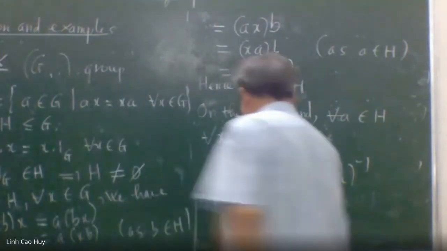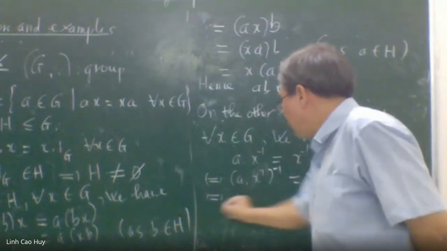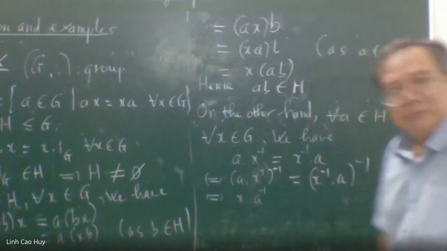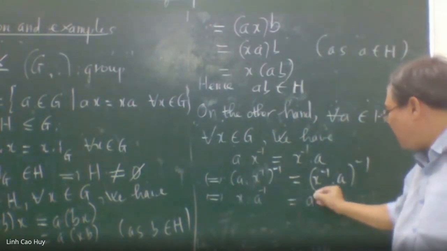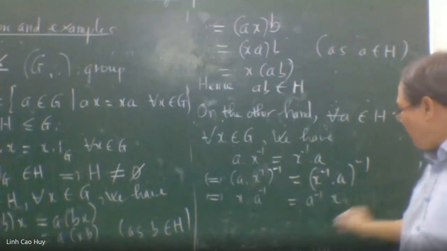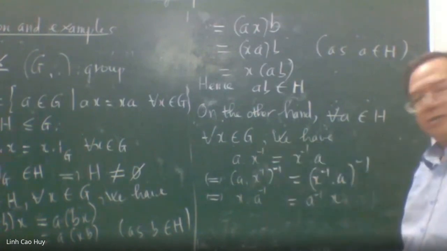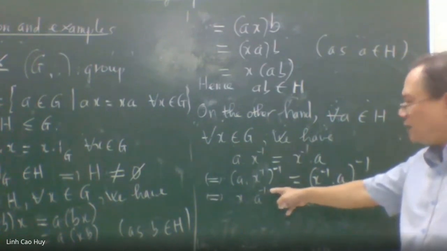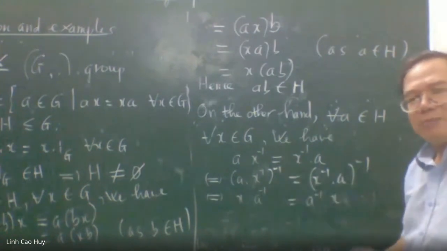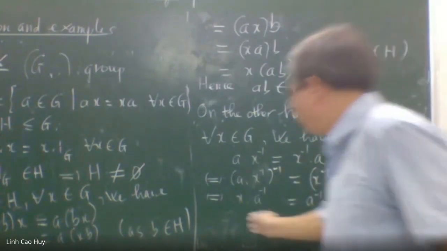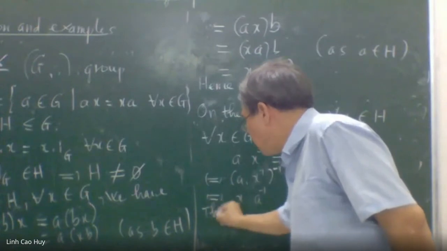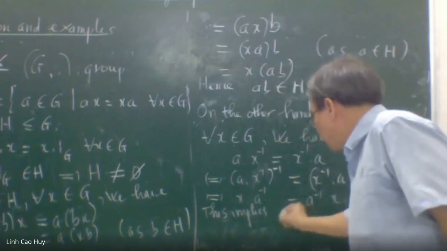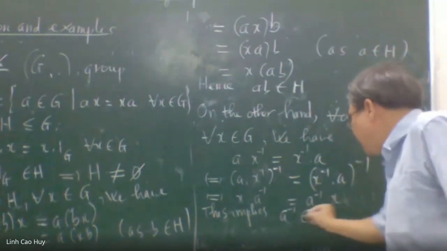That means X minus 1 times A minus 1 equals the right side, for every X in G. So the element A minus 1 commutes with every element in G. That implies the inverse of A is in S.